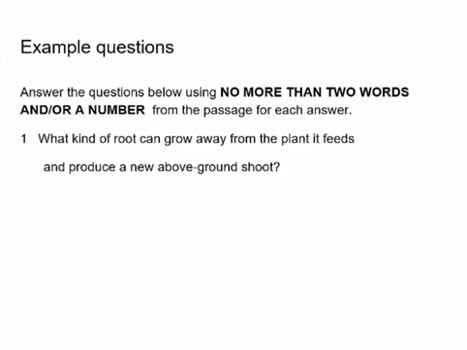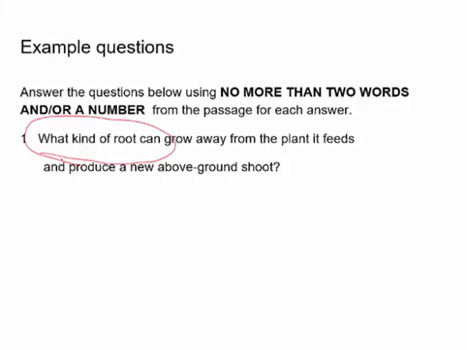Well, it's pretty clear. Even though we've got this nice long sentence here, the goal for this question is to indicate a kind of root. Now, it's a kind of root that can do all of these things we find in the second half of the sentence, but our answer must be a kind of root.